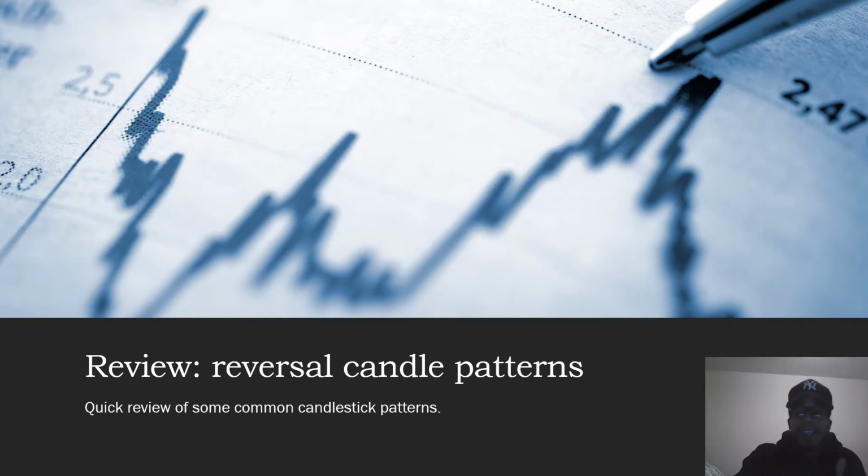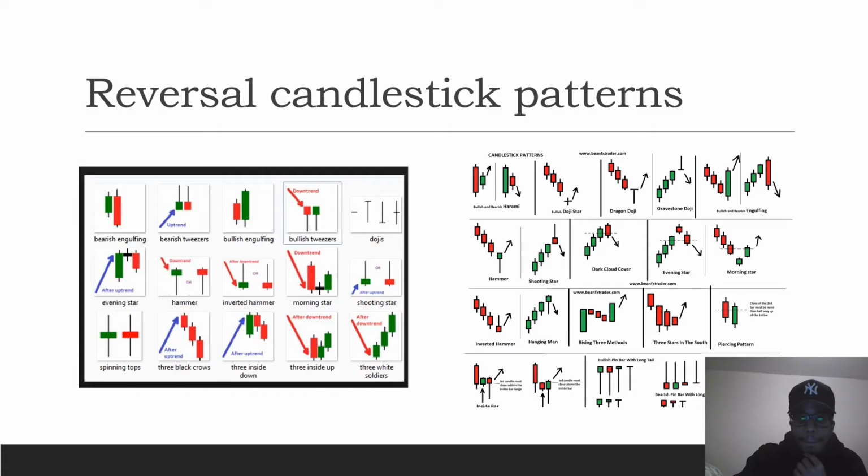Alright, everybody, in my last video, we took a look at some strong reversal candlestick patterns. So we're going to take a quick review of some of those patterns that we looked at. Here's just a little bit of those candlestick patterns that I was just talking about.